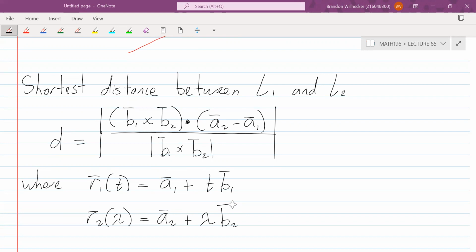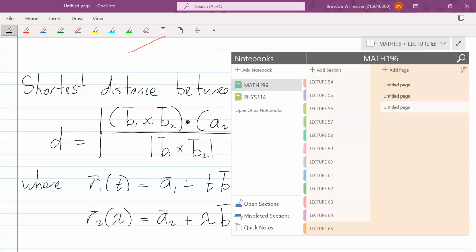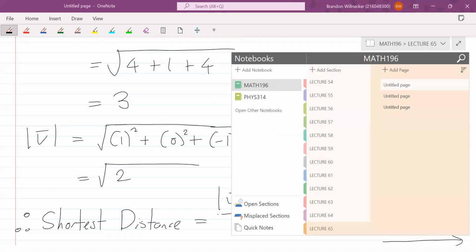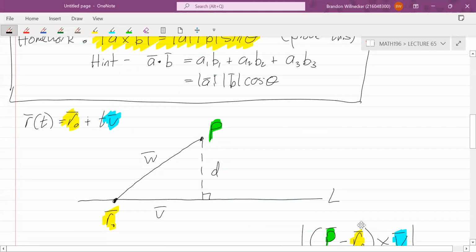Okay, so this is the formula for the shortest distance between two lines. You can think about how you can come up with this formula. It's very similar to what we did before. If we go back here, with this diagram, you draw out a diagram, you figure out the triangle, and then you can use a bit of trig to work out the side that you want.